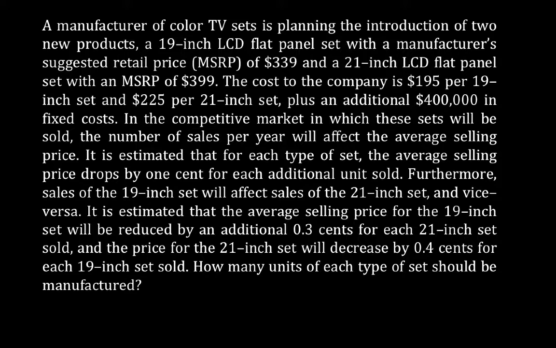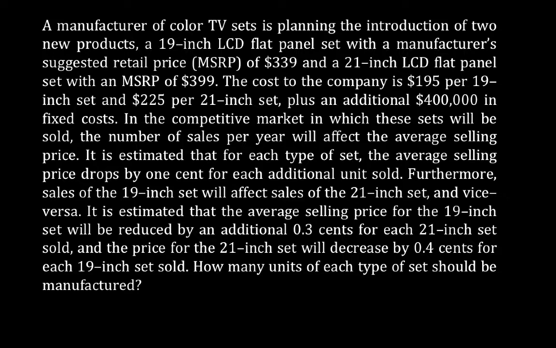The average selling price for the 19 inch set will be reduced by an additional 0.3 cents for each 21 inch set sold, and the price for the 21 inch set will decrease by 0.4 cents for each 19 inch set sold. How many units of each type of set should be manufactured?